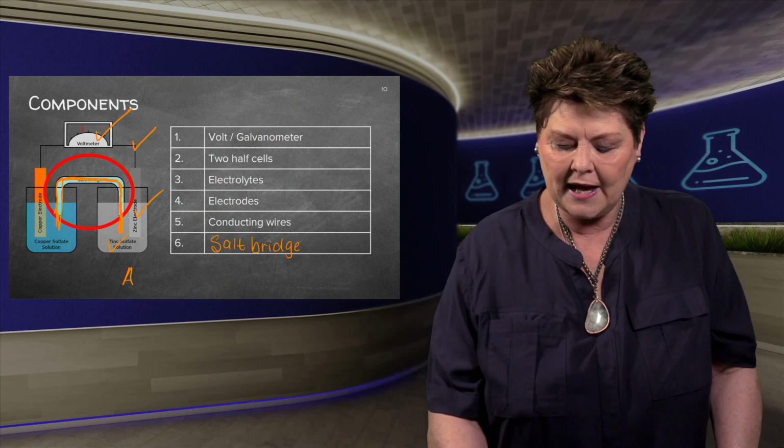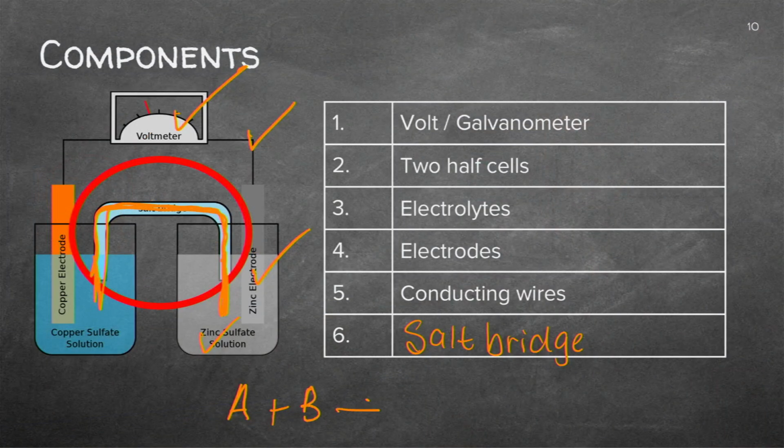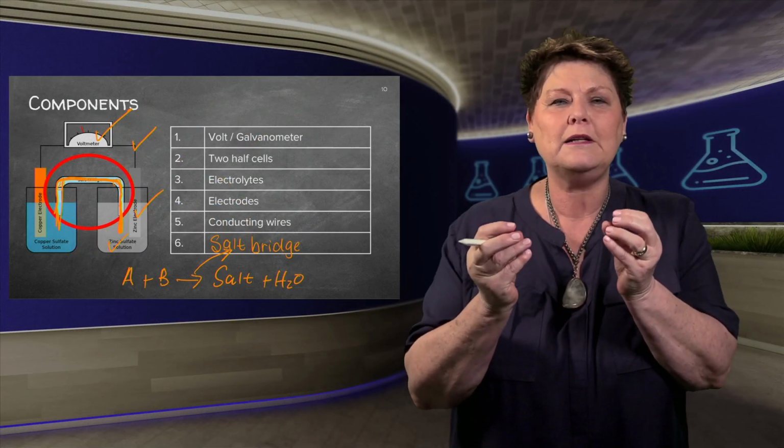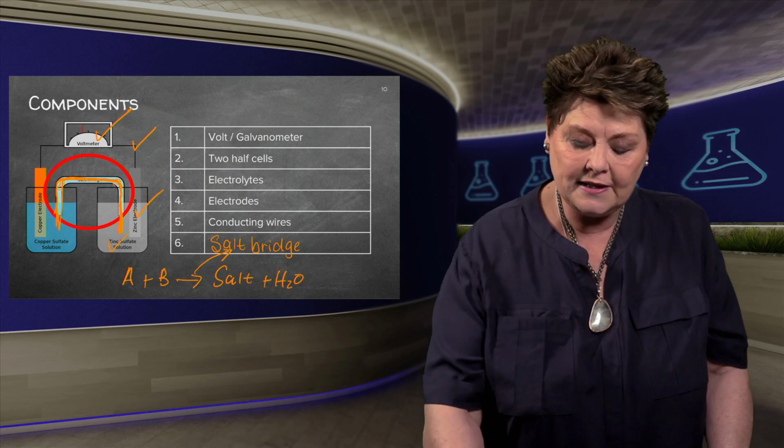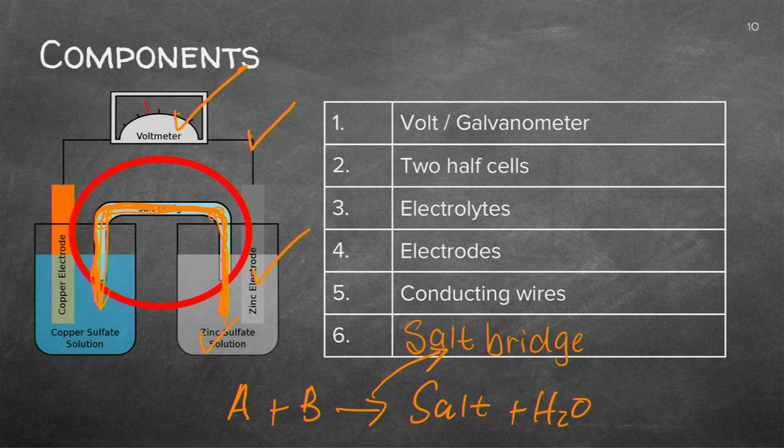It will be from an acid and base reaction. You'll get a salt plus water, and that salt will be specifically put into this little tube. Now it's a U-tube, and you plug it with a little bit of cotton wool so that it takes some of the ions from the one end to the other. And the function will be to link it.